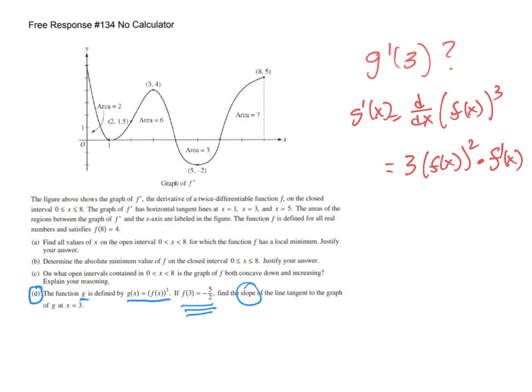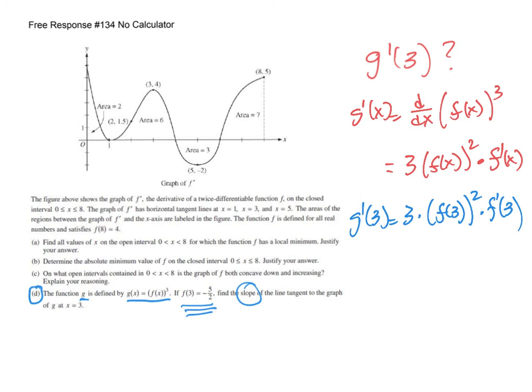And we're going to plug 3 into that mess. So our calculation is really going to be, because remember, we want the slope of the tangent line at 3, so that's the derivative with 3 plugged in. So g prime of 3 is going to be 3 times whatever f of 3 is, and then we square it, and then times f prime of 3.